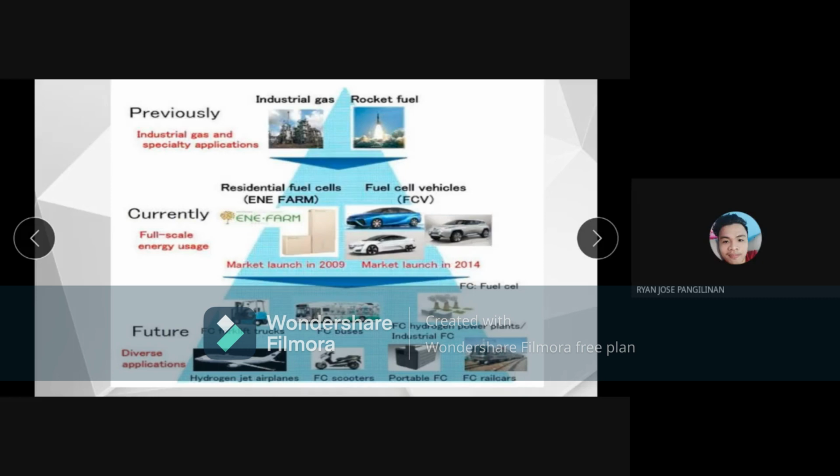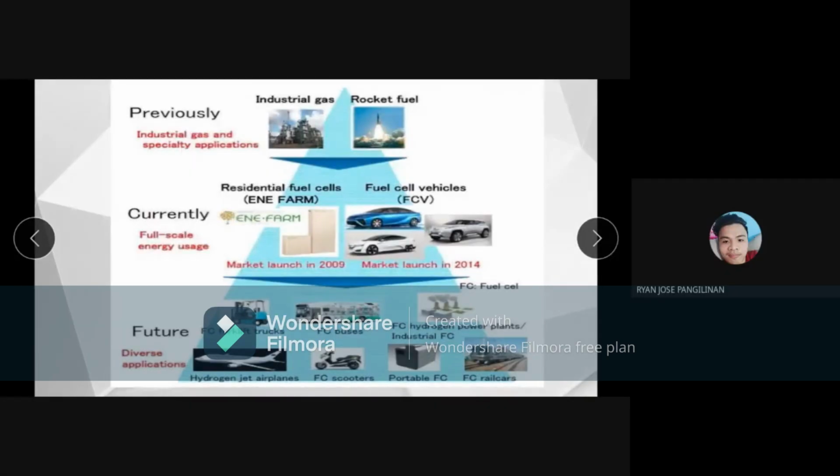And currently, the ENE Farm is being developed, a residential fuel cell whose primary input is hot water and water to produce electricity for residential use.